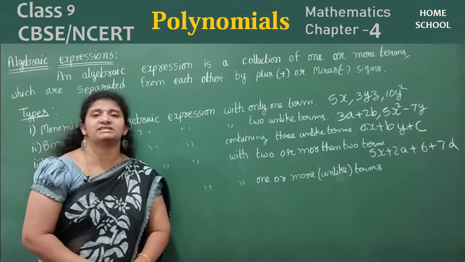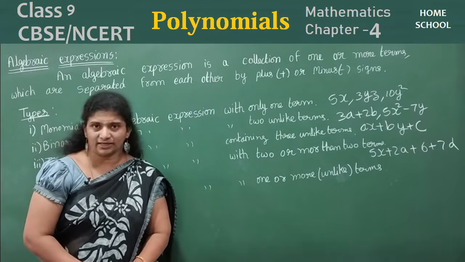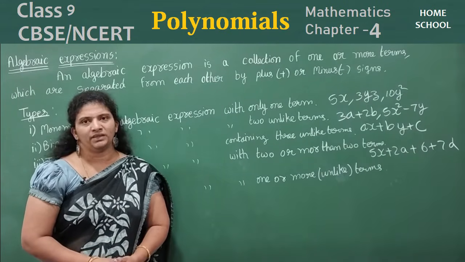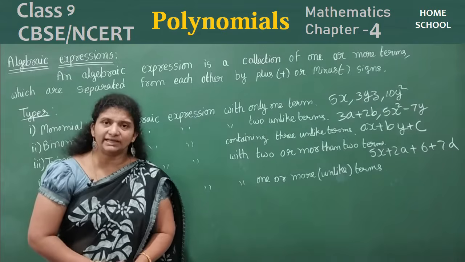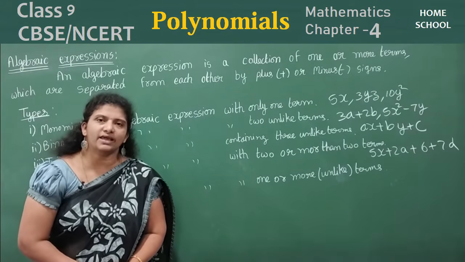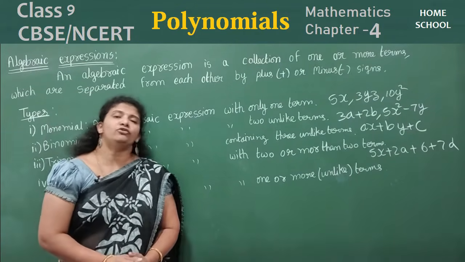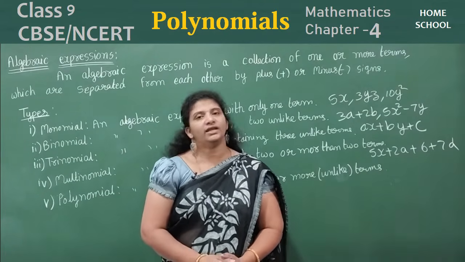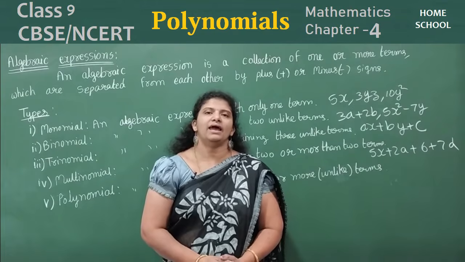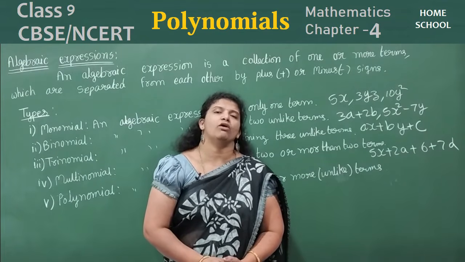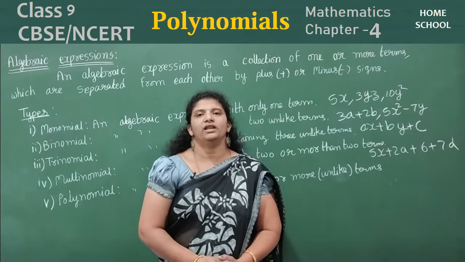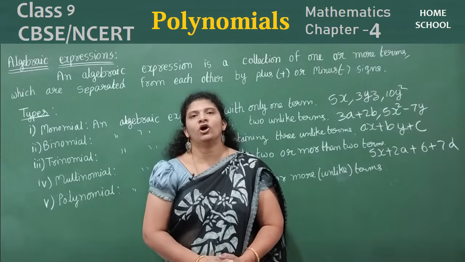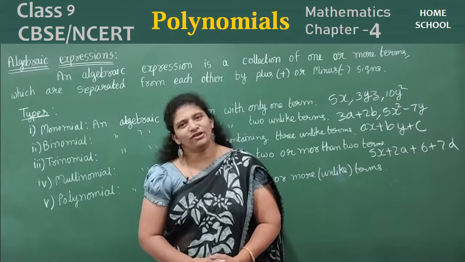An algebraic expression is a collection of two or more terms separated with a positive or a negative sign. If you have only one term, we call it a monomial. If you have two unlike terms, a binomial. Three terms, trinomial, and more than two or three, a multinomial. One or more unlike terms, we call it a polynomial.